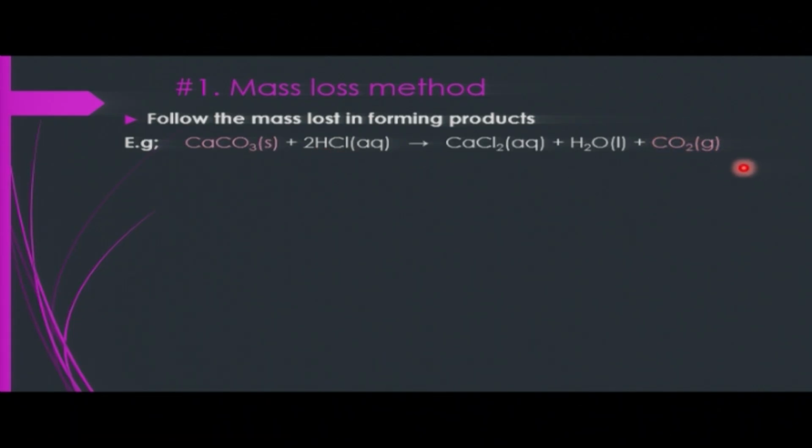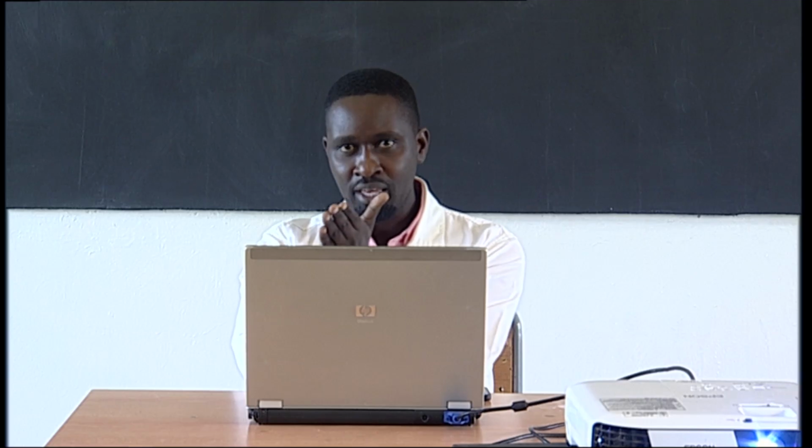You notice in here, to form carbon dioxide gas, the carbonate must disintegrate, or react, or be used up. So following the changes in the mass of this solid as gas is escaping, we can determine the rate of a reaction.